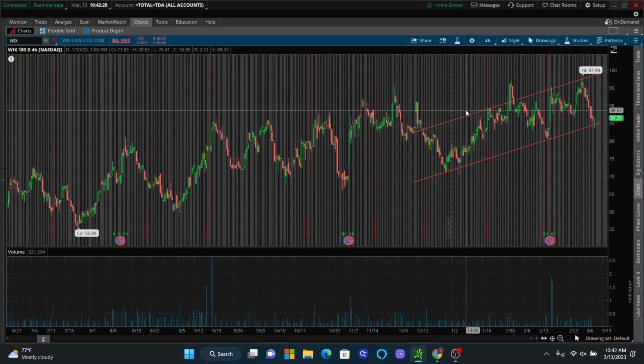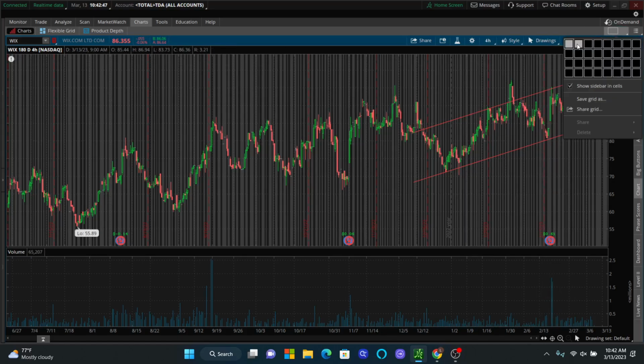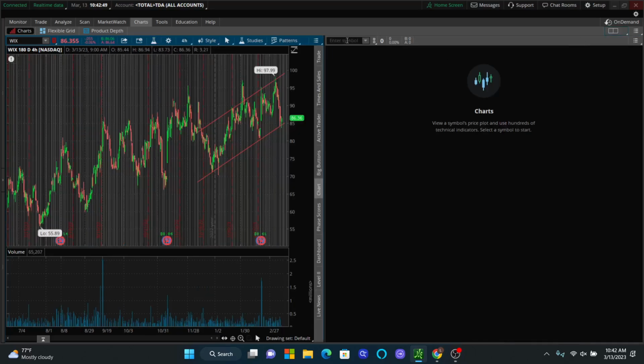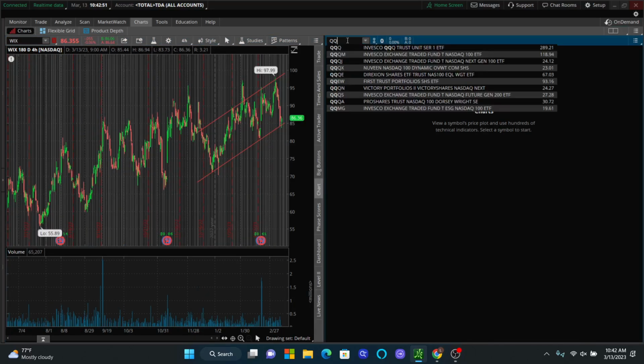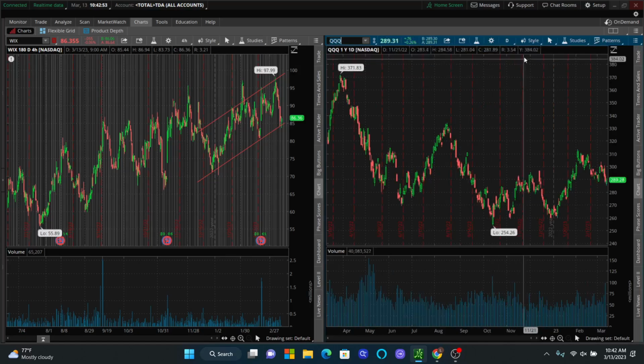They are really good for stocks that don't go up and down like crazy. They're good for stocks that don't typically follow the S&P 500, the Dow Jones, the NASDAQ. You want to use these for stocks that are a little more independent, and you learn that by looking at the stock itself and comparing it to the SPY, the NASDAQ, the QQQ, and seeing how it looks in comparison on the same time frame.